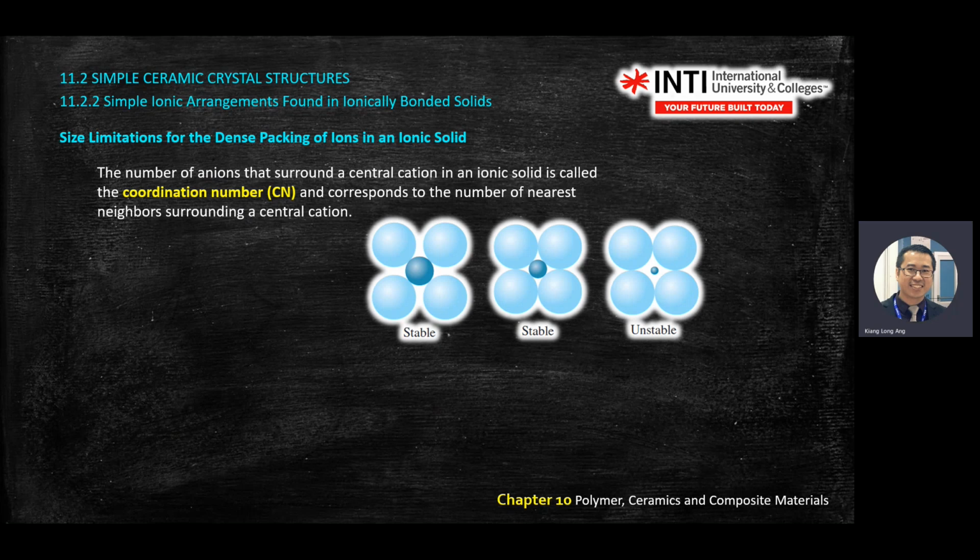So by looking at this, how do we ask you in the chapter 10 question? Normally we'll ask you to calculate the radius, the space you have. I give you a table, elements 1, 2, 3, 4, 5, 6, and you choose which element will give you a stable ceramic sample.